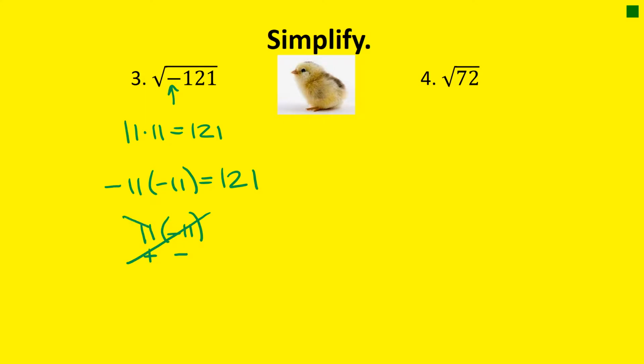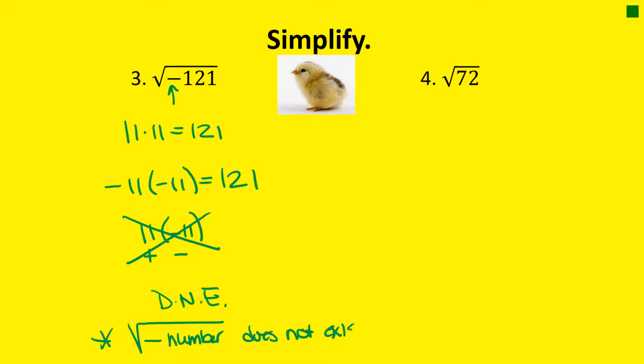Those are not the same number, so this one does not exist. There is no square root of a negative number. So in your books, you're going to put rule number 1: square root of a negative number does not exist. Okay? I want to see that when we check to see if you did the work.